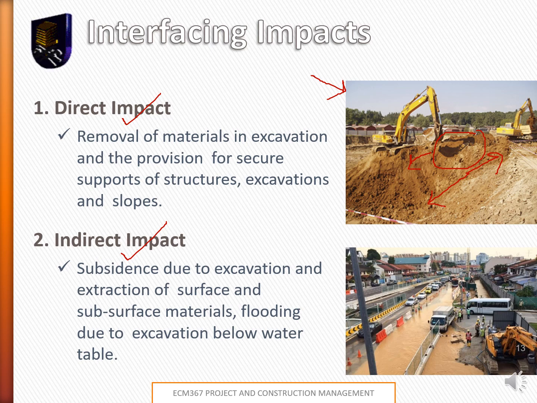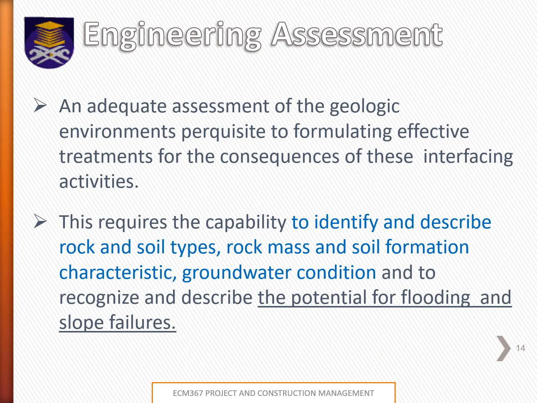So when the drain is clogged, the water will overflow and create flash flood. So this is indirect impact. Next, the problems are slope failure and also flash flood.